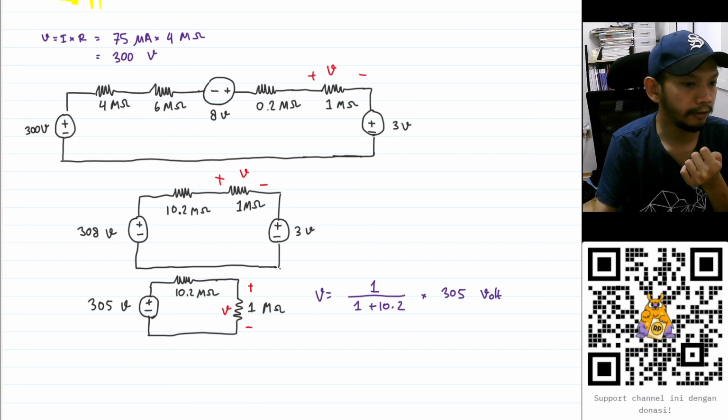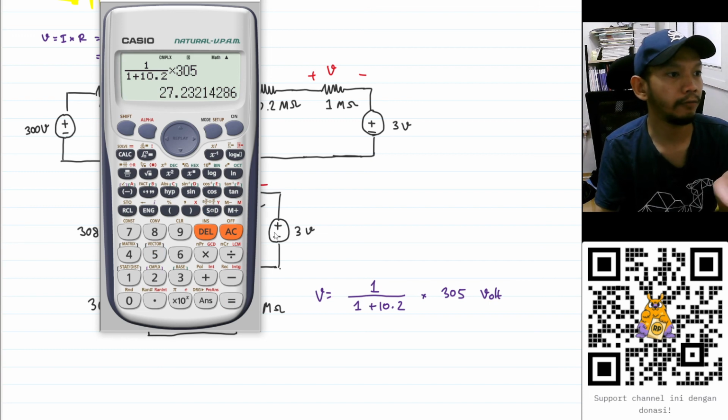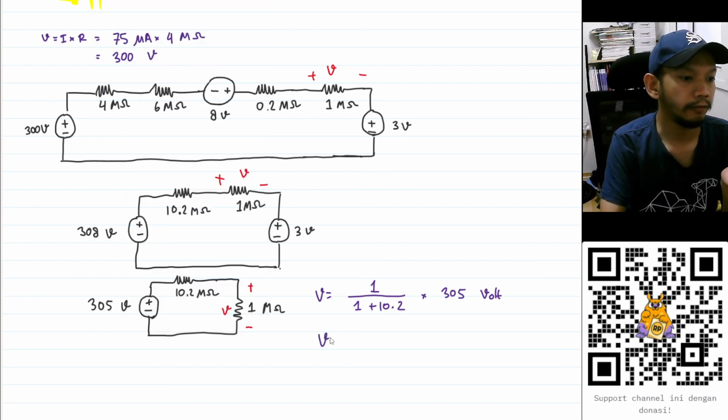Let's do it by calculator. 1 divided by 1 plus 10.2, multiplied by 305. That will be 27.23. So V is equal to 27.23 volt.